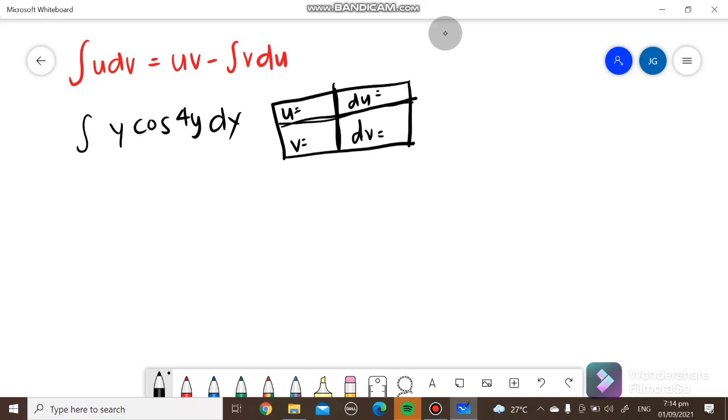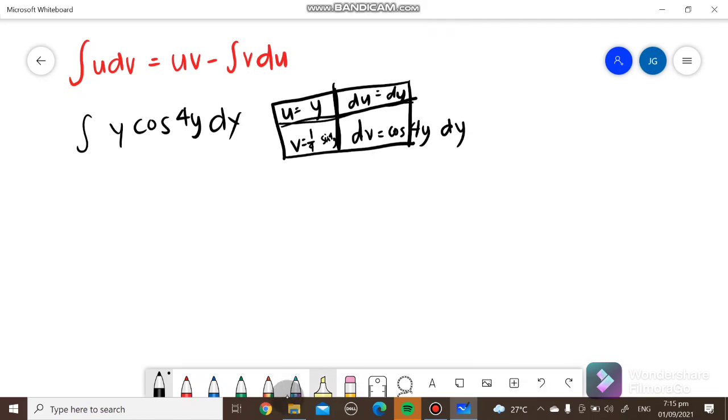So, our u here, we will use y. And our du here is dy. And then our dv is cosine 4y dy. And then the integral of this one, we set u as 4y, so we will have 1/4 sine 4y.